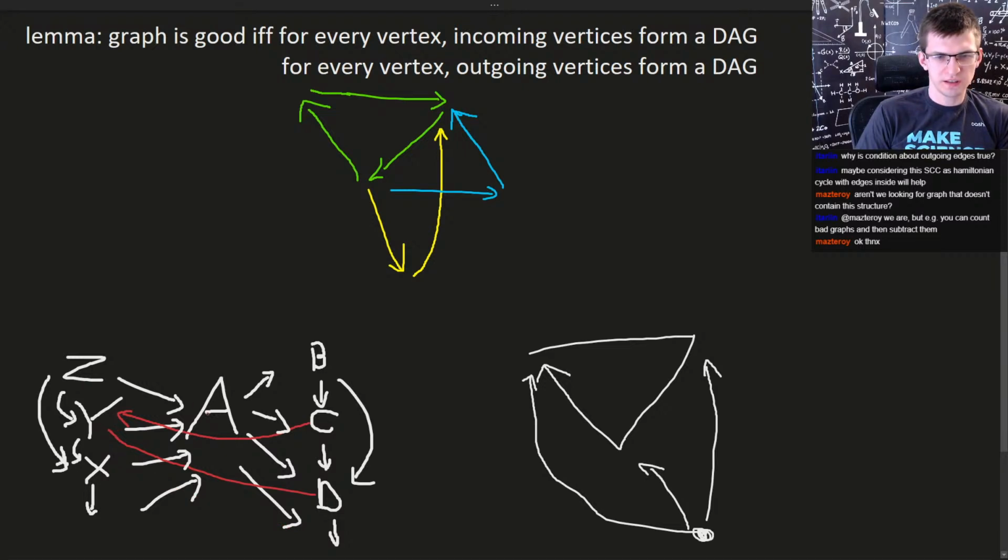Oh, but I said that this is a strongly connected component, so it's not that from Z there are edges to everything. So there is at least one edge going from something to Z. And then it's some kind of suffix of this right side of the drawing.